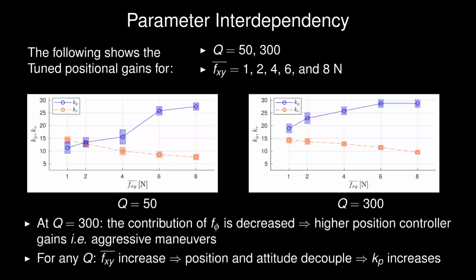These figures depict that as the lateral bound increases, the optimized Kp increases and the optimized Kv decreases for both Q values. In the case of Q equal to 300, the contribution of the lateral constraint is reduced substantially, leading to higher optimized Kp and Kv values, as the optimization allows for more aggressive position tracking without taking the angular error tracking into consideration.